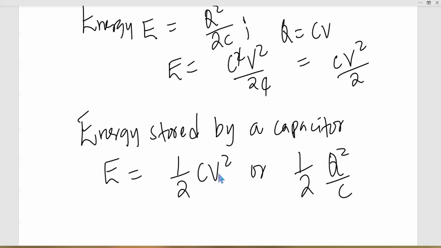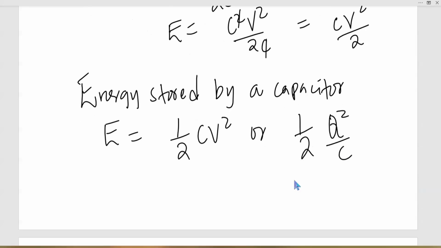So whichever formula you have and whichever quantities you have, you are able to calculate energy. If you are given capacitance and you have voltage, you can compute energy. If you have a charge and capacitance, you can still compute energy. Let's take an example.